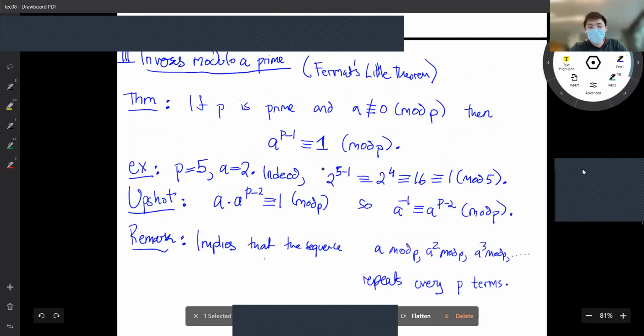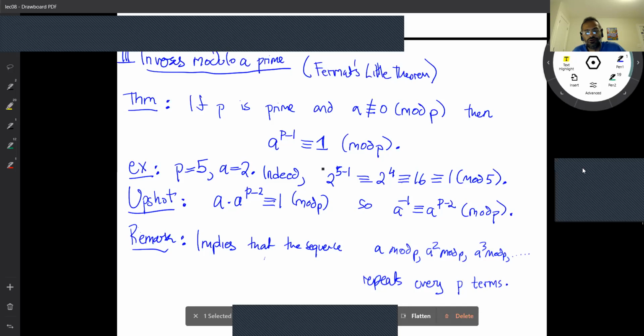So in this theorem, it says that A is not congruent to 0 mod P. Why don't you just say A is not divisible by P? That's fine. That's the same thing. It's exactly the same thing. I'm writing it this way to emphasize the analogy with division of real numbers, because the only number you can't divide by is 0.